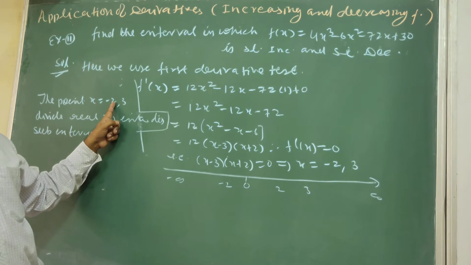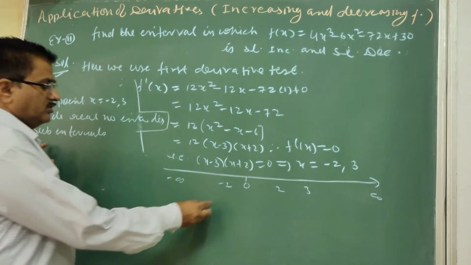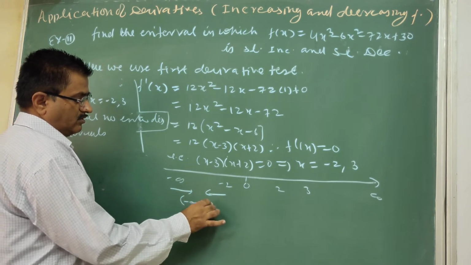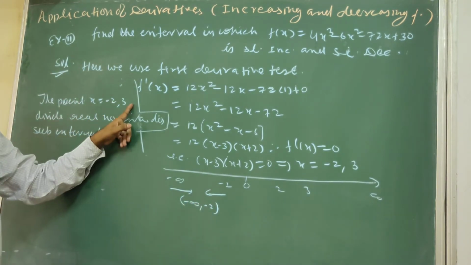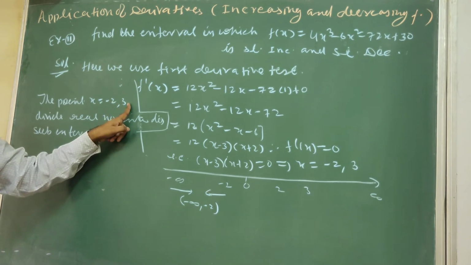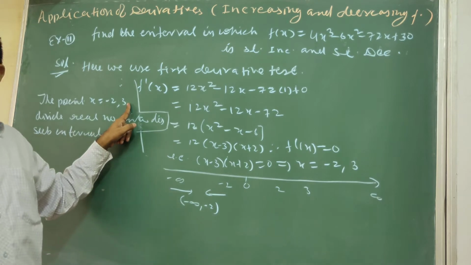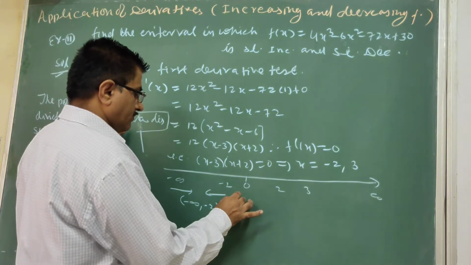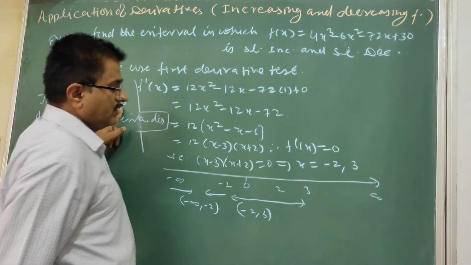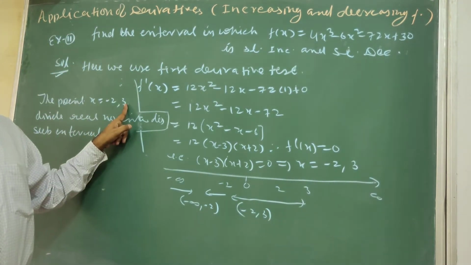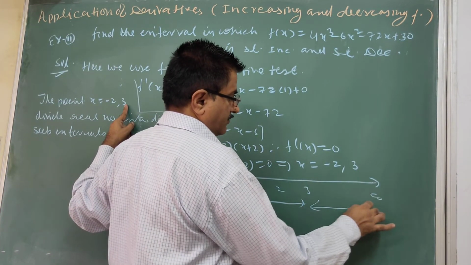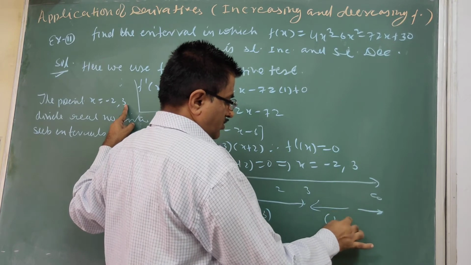So all numbers which are less than minus 2, this is the interval minus infinity to minus 2. Then minus 2 to 3, all the numbers which are greater than minus 2 and less than 3. Then all real numbers which are greater than 3, so 3 to infinity.